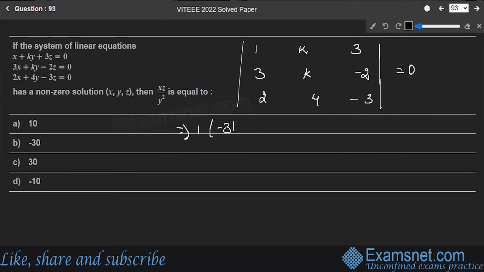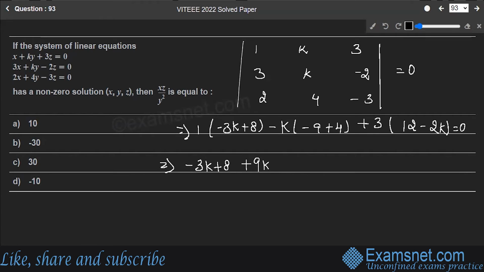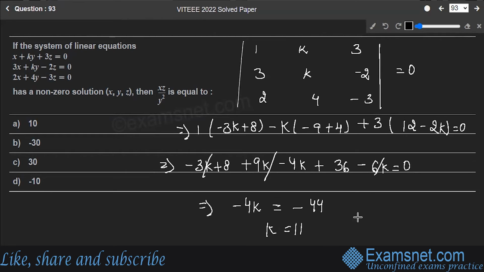So 1 into minus 3k plus 8, minus k into minus 9 plus 4, plus 3 into 12 minus 2k is equal to 0. This gives you minus 3k plus 8 plus 9k minus 4k plus 36 minus 6k is equal to 0. This is minus plus, this will cancel. You have minus 4k is equal to minus 44, which will give you k is equal to 11.